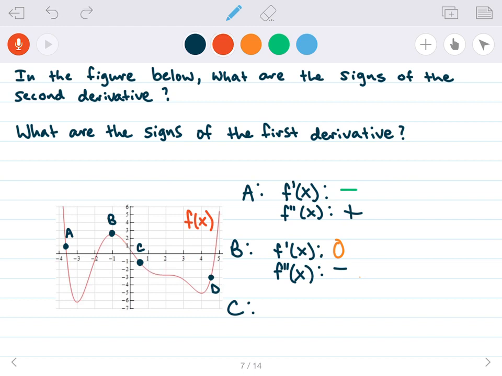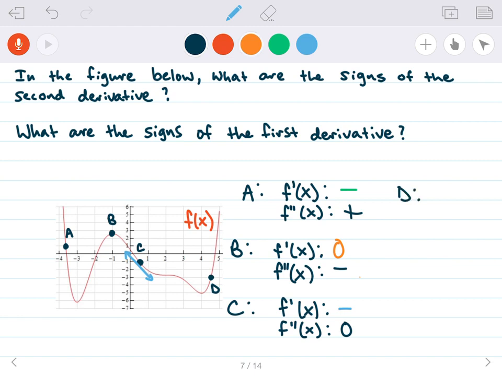And what that means for, I guess I did this one backwards, but what that means for the second derivative is that its sign is going to be 0 right there because it's going from concave down to concave up. On the other hand, the first derivative, well, if we were to draw a line tangent to this point C, that's going to have a negative slope. So the sign of this guy is going to be negative. All right, let's look at our final one on here, which is D.